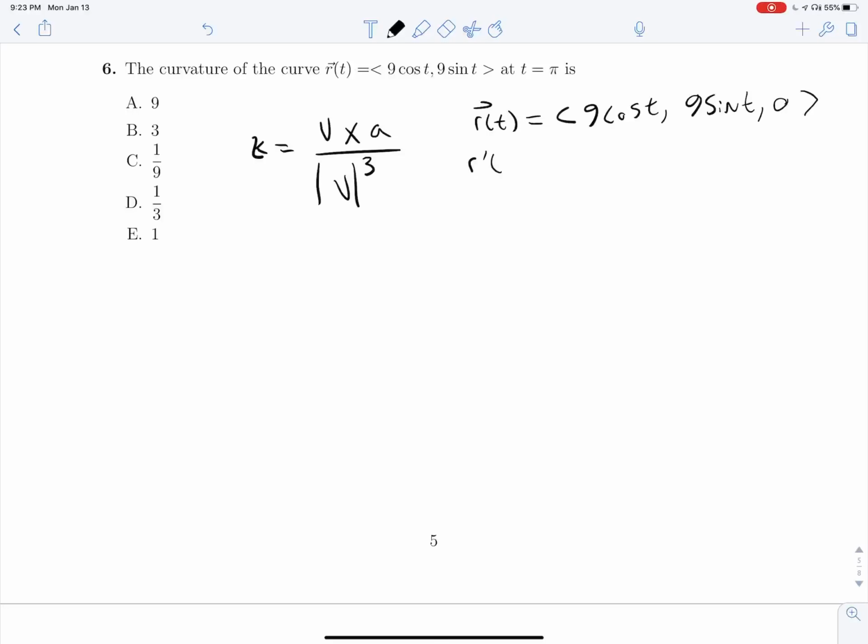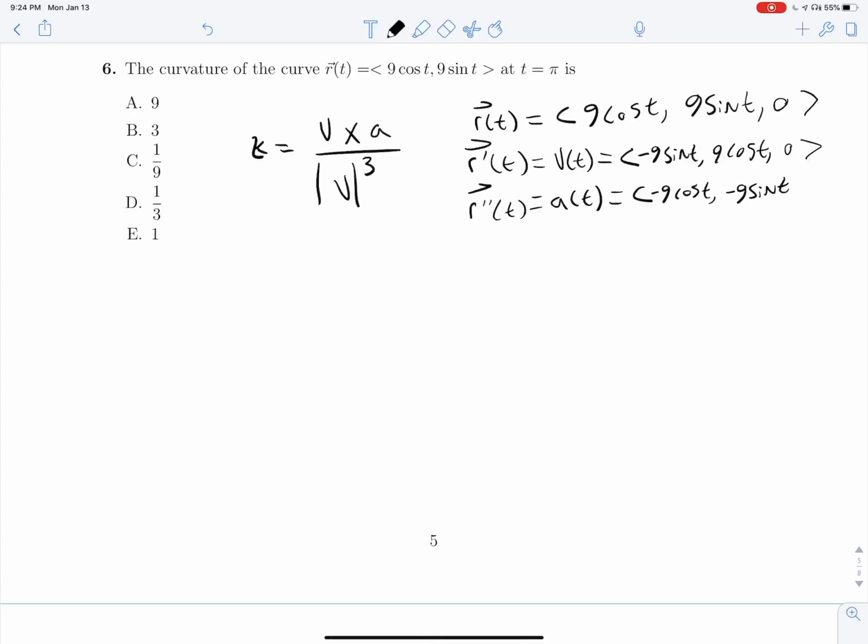So let's find our r prime of t, which is v of t, and that's just going to be negative 9 sine t, 9 cosine t, 0, and our r double prime of t, otherwise known as a of t, our acceleration, is going to be negative 9 cosine t, negative 9 sine t, 0.